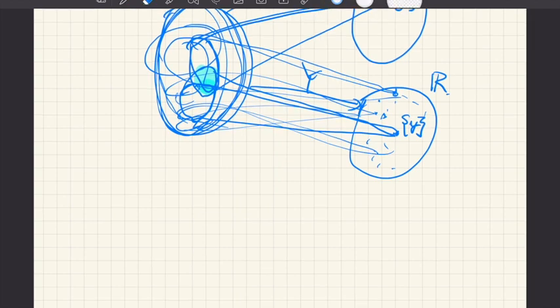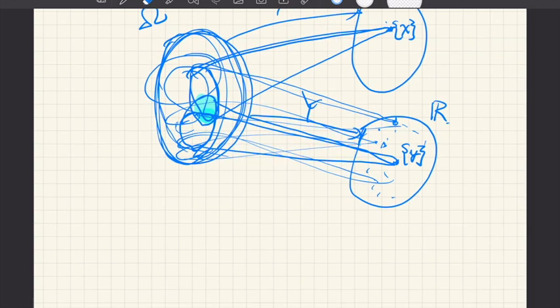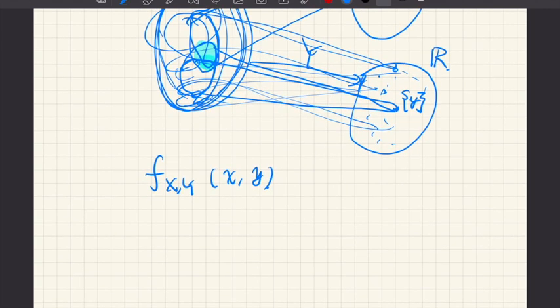This is for a discrete random variable. And for continuous random variables, we may define a joint probability density like f of x, y. But the idea is the same.